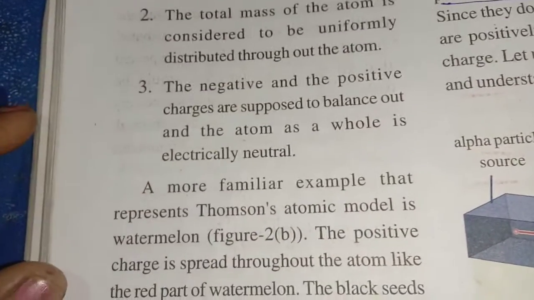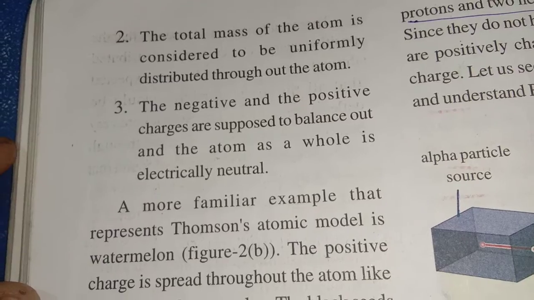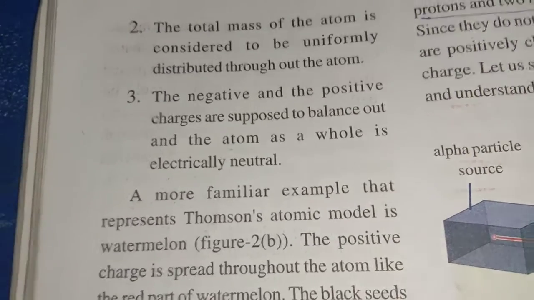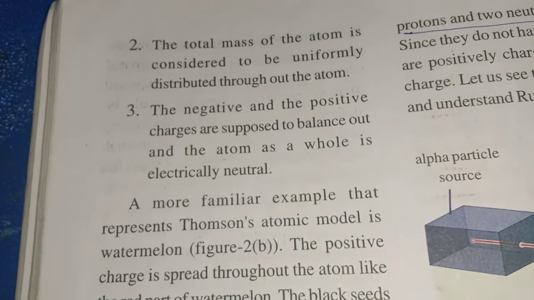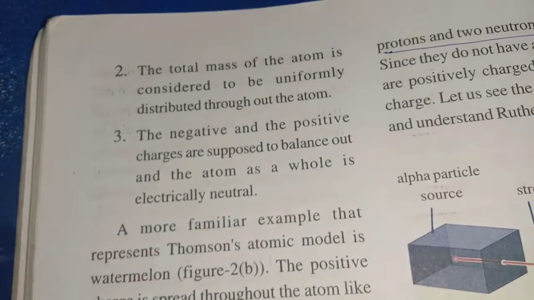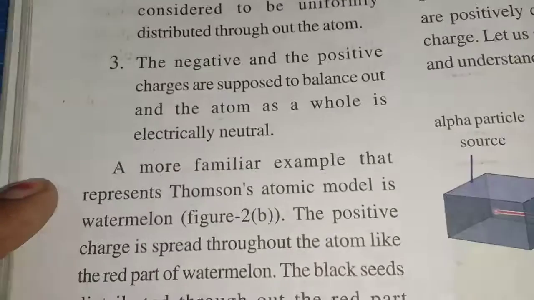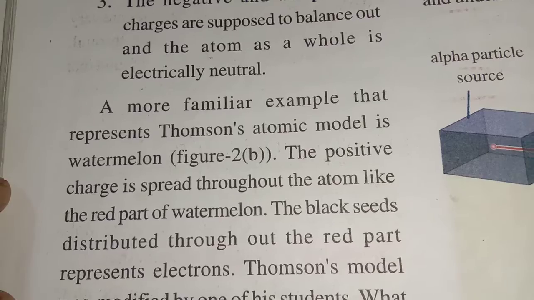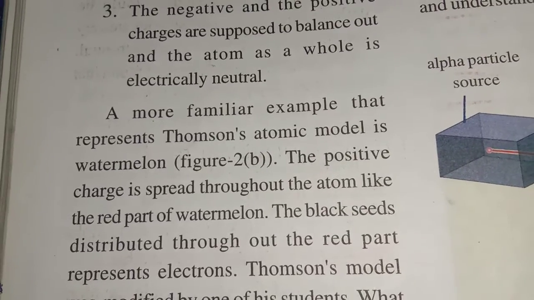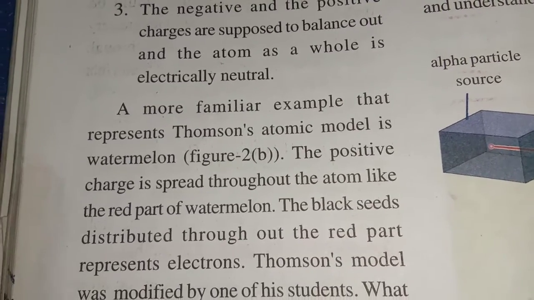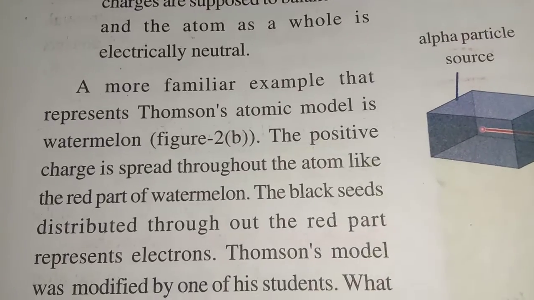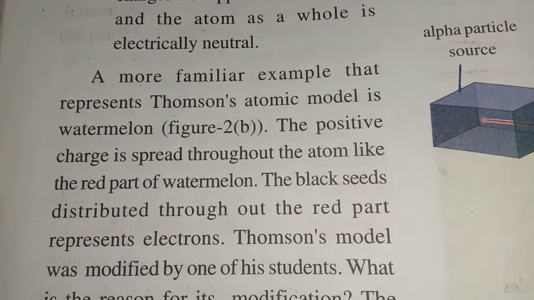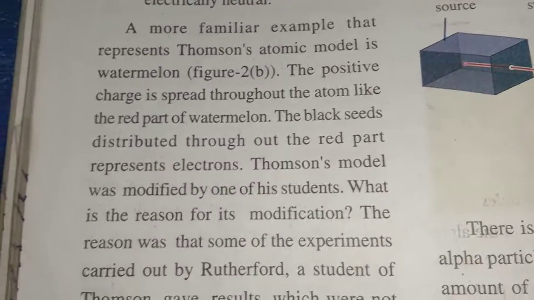J.J. Thomson said that. A more familiar example that represents Thomson's atomic model is the watermelon. So whenever you think of Thomson's model, you should remember the watermelon. The positive charge is spread throughout the atom like the red part of the watermelon, and the black seeds distributed throughout the red part represent electrons.